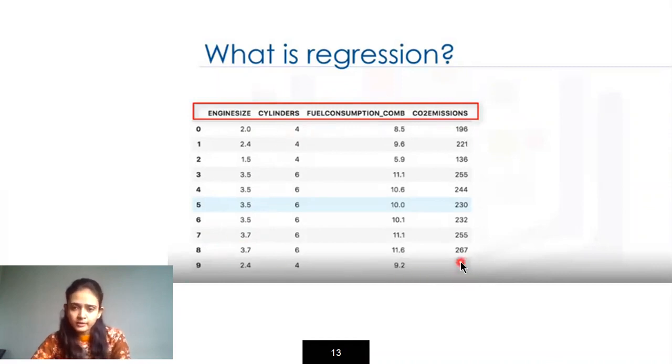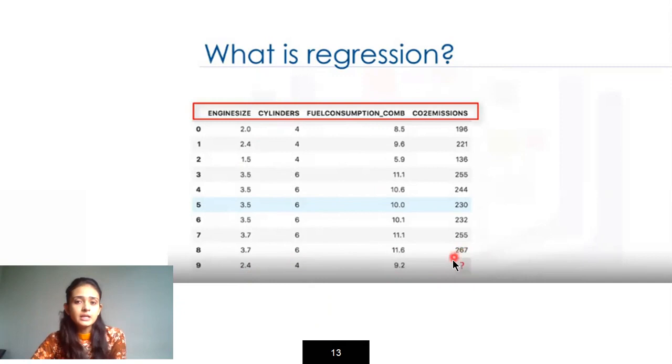But you can see over here there is a question mark. I have the complete data set of the 8 cars, but suppose in future one car is going to be launched. In that car, my engine size will be 2.4, my cylinders used will be 4, fuel consumption comb will be 9.2.